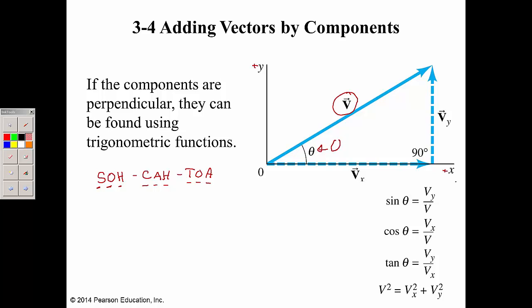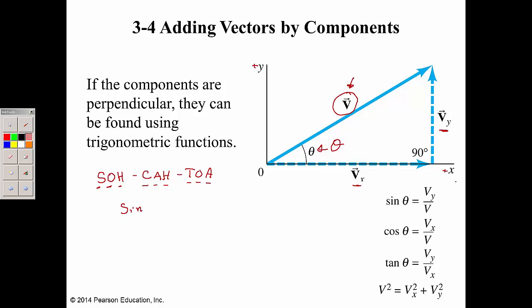If I define my angle right here, theta, then the opposite is going to be vy, the hypotenuse will be v, and the adjacent will be vx.